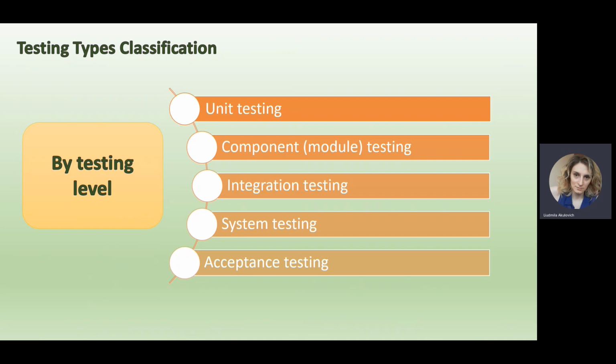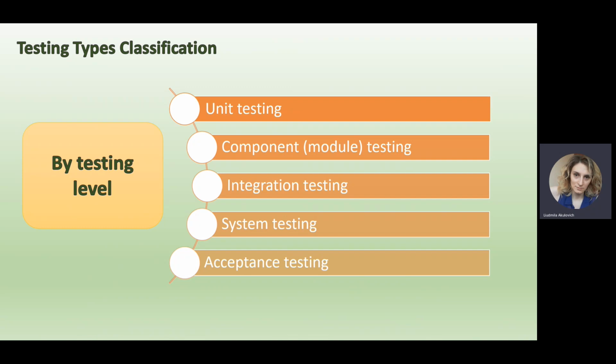Component testing or module testing is aimed at testing individual, kind of separated, small parts of the application, and these parts can be tested in isolation from other parts. For example, I can test creation of a profile, only the feature of profile creation, without integration with other components of the system.